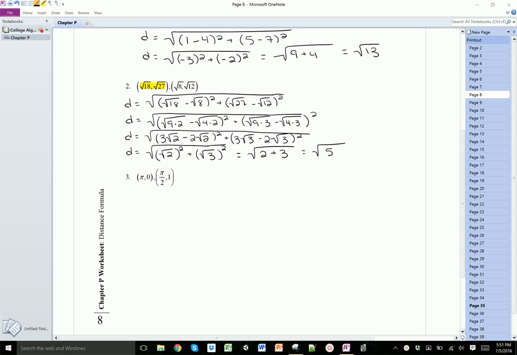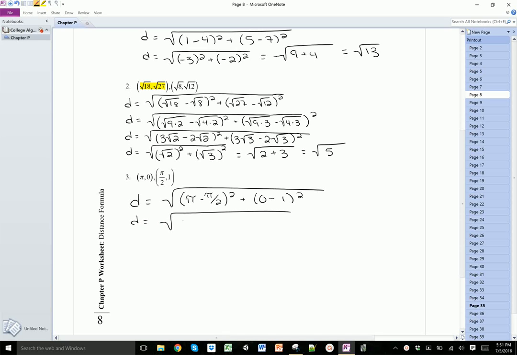Okay, last one. So I'm going to do d is equal to the square root. So I'll do pi minus pi over 2 squared plus 0 minus 1 squared.